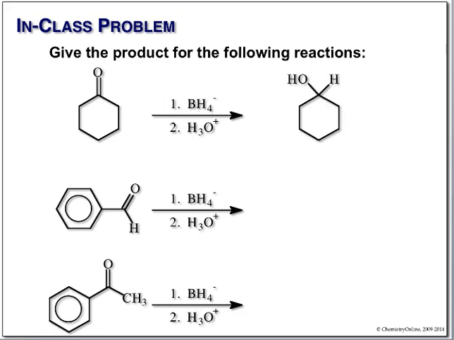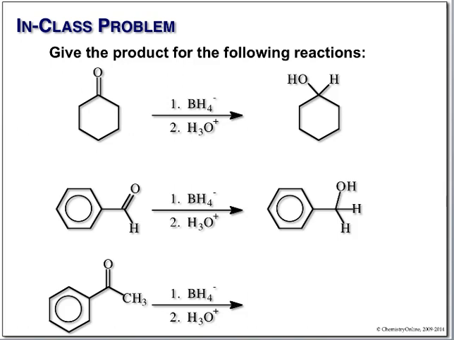If we take benzaldehyde, borohydride will not mess with the benzene ring. We'll simply add the hydride to the carbonyl carbon. Oxygen becomes an OH, and we get benzyl alcohol. This is acetophenone.